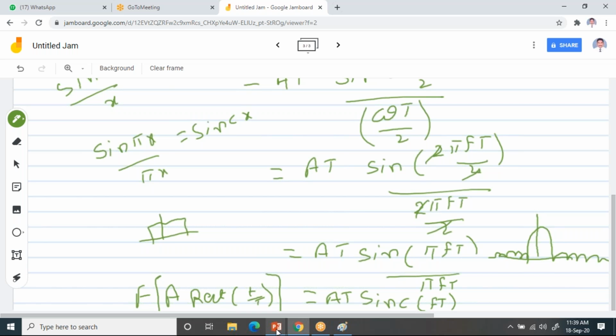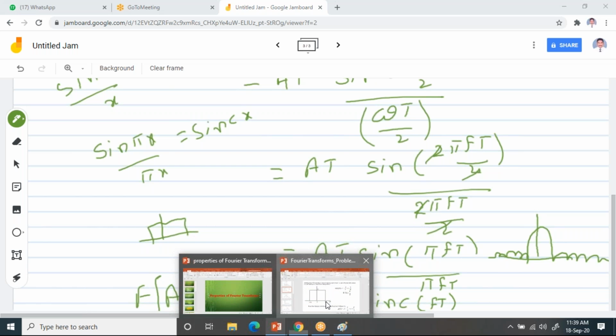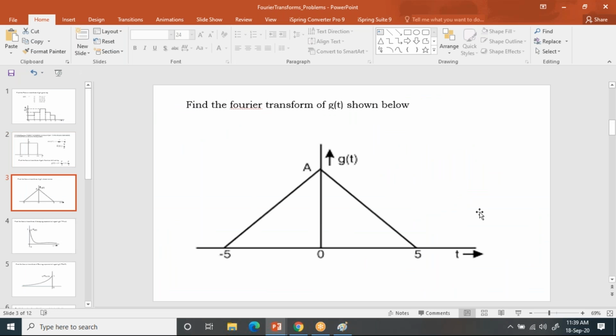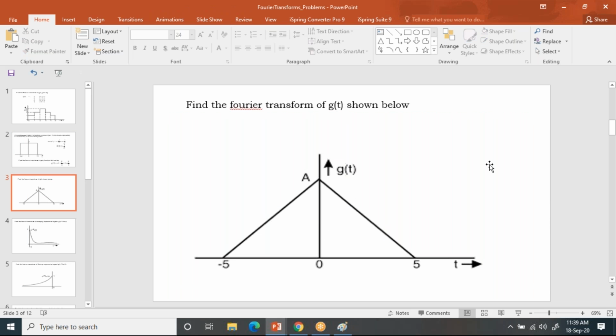Now I'm going to take the next problem. Now observe it. Already we completed this Fourier transform. Now please note down this problem. Find the Fourier transform of g of t shown below. Now please note down this problem, all of you.